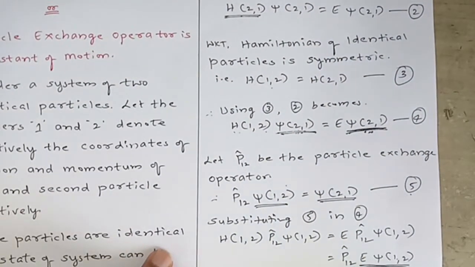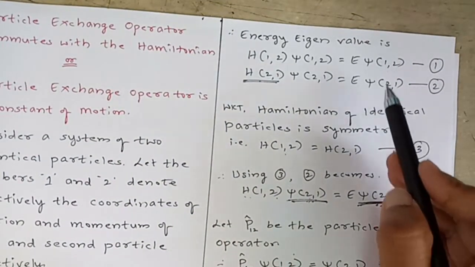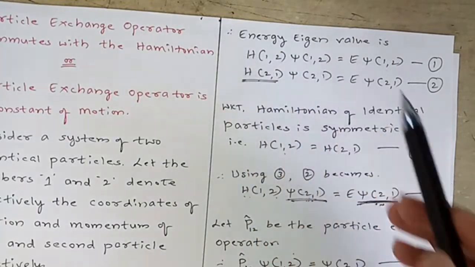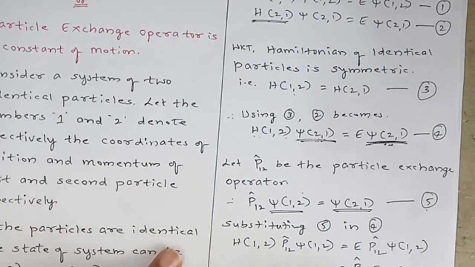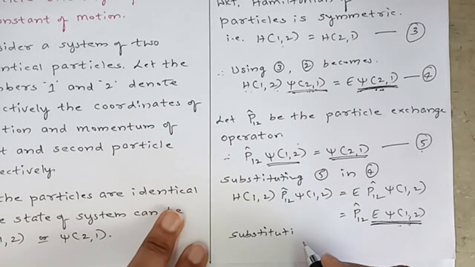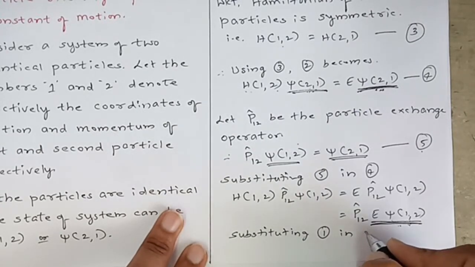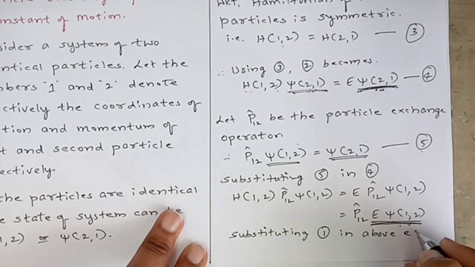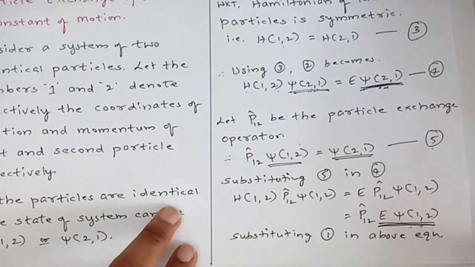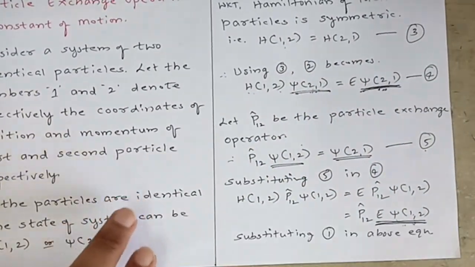So in this equation, instead of E psi(1,2), we can substitute this. Therefore, substituting equation 1 in the above equation, what we get is this equation.